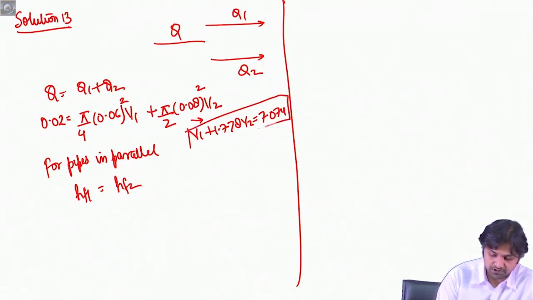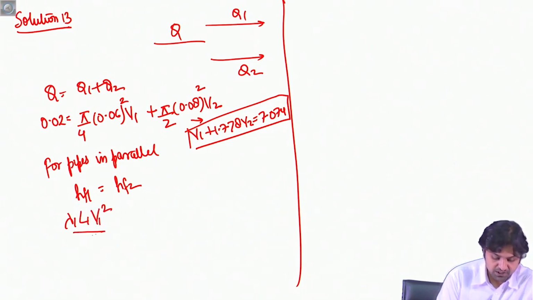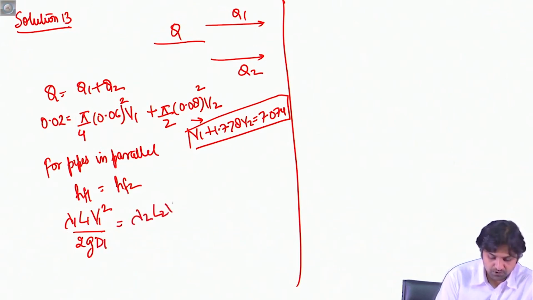This is the one equation that we have got. Now, HF1 is equal to HF2, which means lambda 1 L1 V1 square by 2g D1, the major loss in pipe 1, is equal to lambda 2 L2 V2 square by 2g D2.